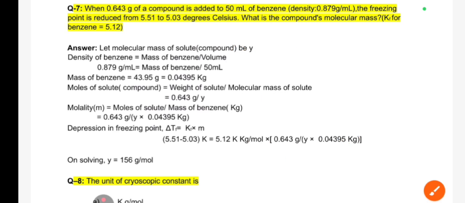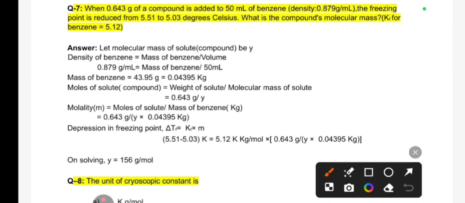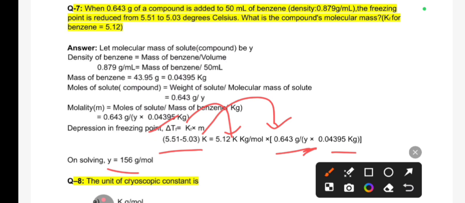Then you can solve the molar mass. Every value is given: delta Tf, Kf, and the molality is equal to given mass by molar mass. Molar mass I have written with the help of Y, into mass of solvent. After calculation the Y value is 156 gram per mole.